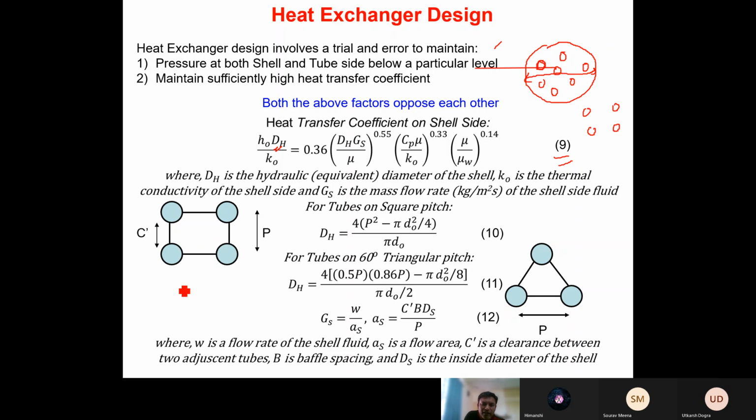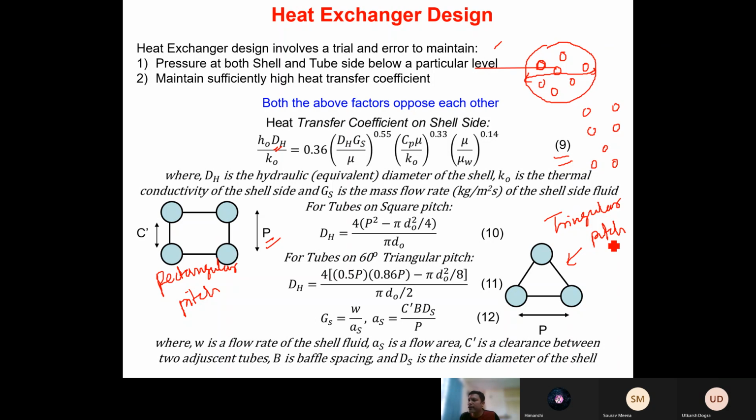If the tubes are arranged in a proper rectangular type of design, then it is called a rectangular pitch. This is called a rectangular pitch, and the distance is given by P here. When these are arranged in a triangular shape like this, then this type is called a triangular pitch.